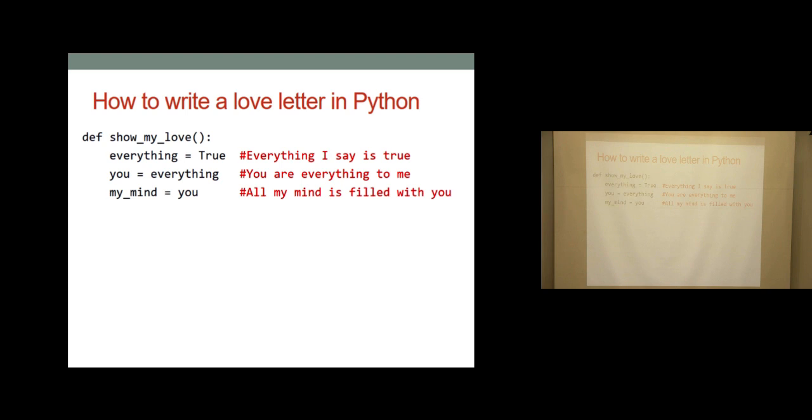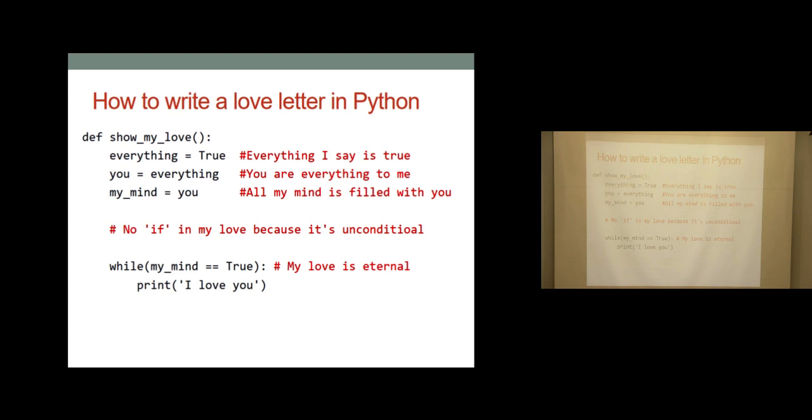And then, my mind only has you. And I don't have an if statement because my love is unconditional. And it's a forever eternal loop, I love you. And you can see my function doesn't have any return because I don't expect any. Isn't that romantic? Okay, so you can try it at home.